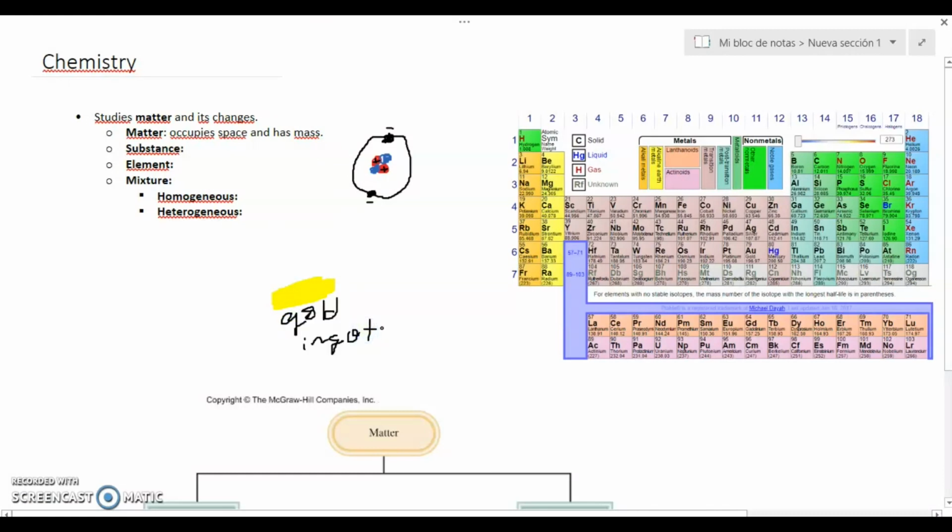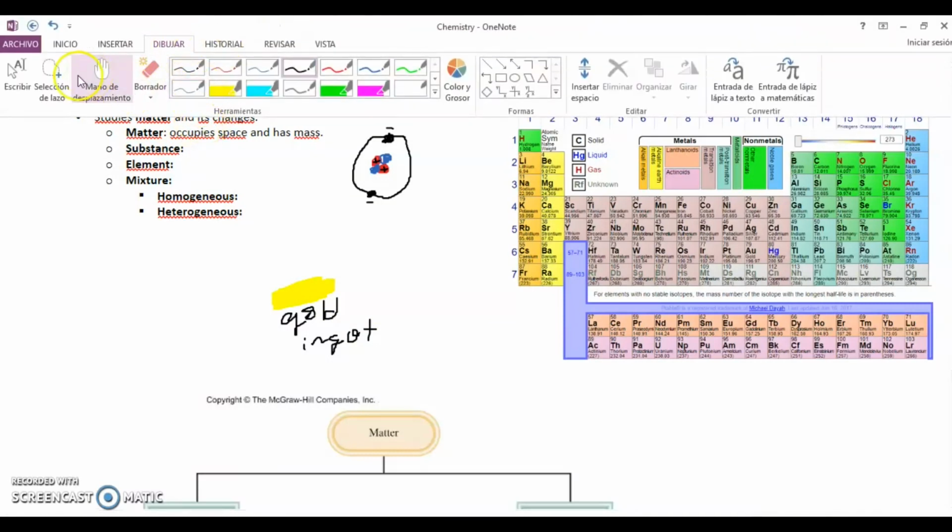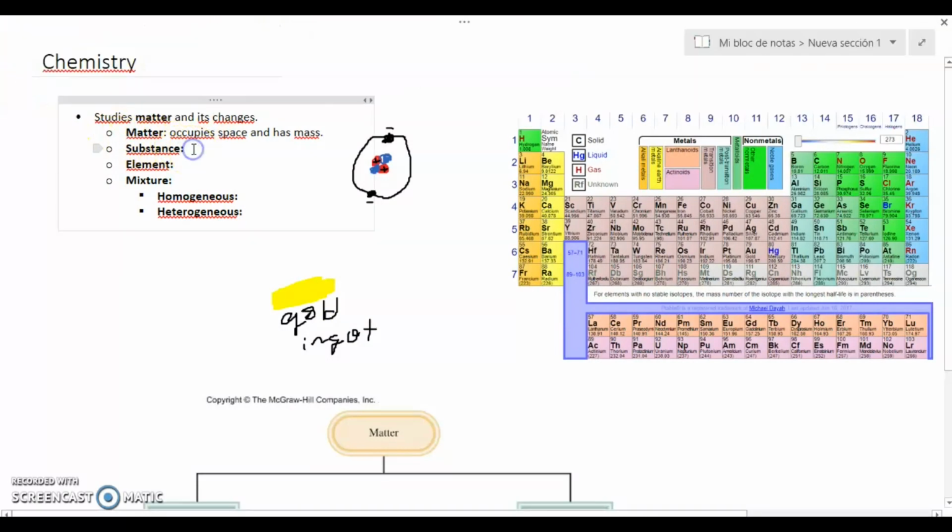Maybe water. Water is a substance. Water with salt in it is also a substance because it has a uniform set of properties. Then we could define substance as a form of matter with a uniform set of properties. There we go. And we'll get a bit deeper into what a substance is when we see the next two.